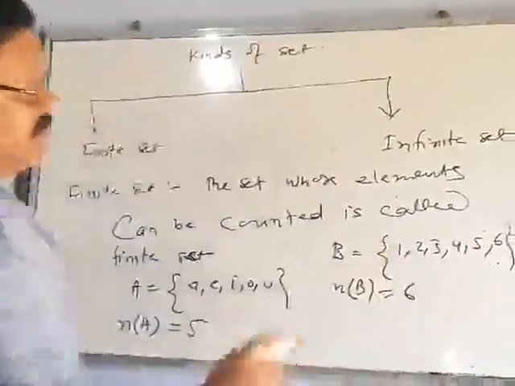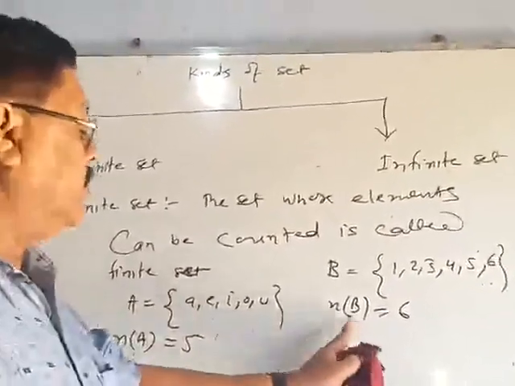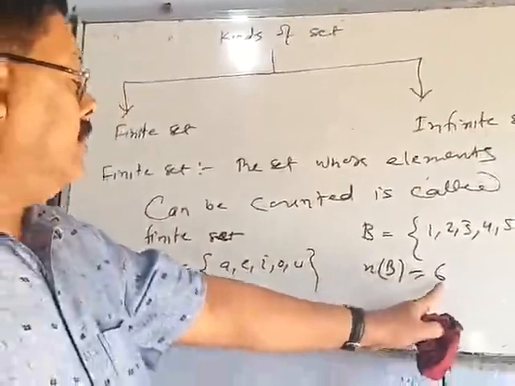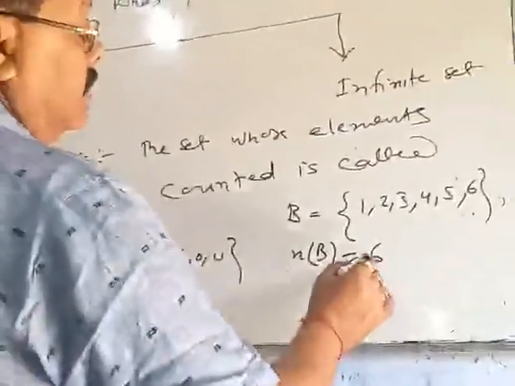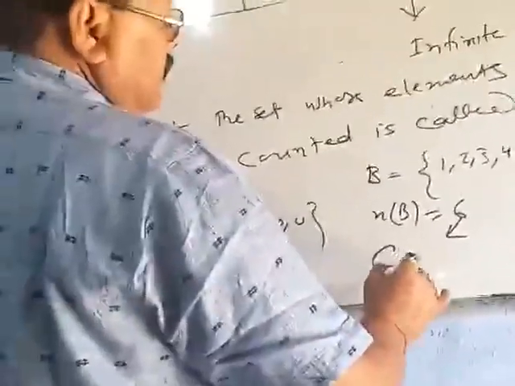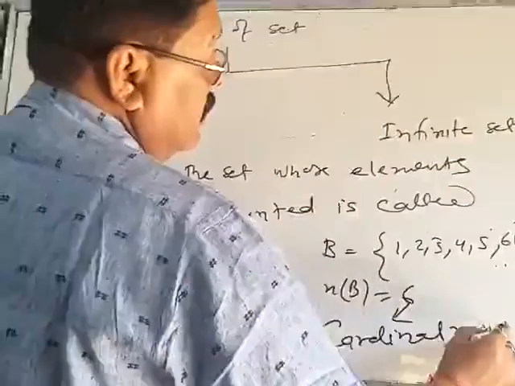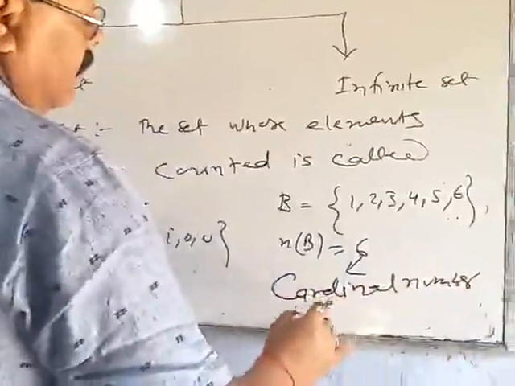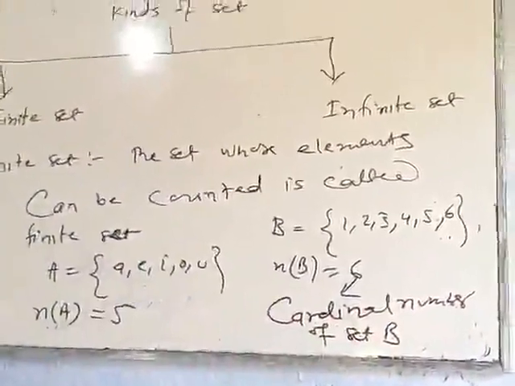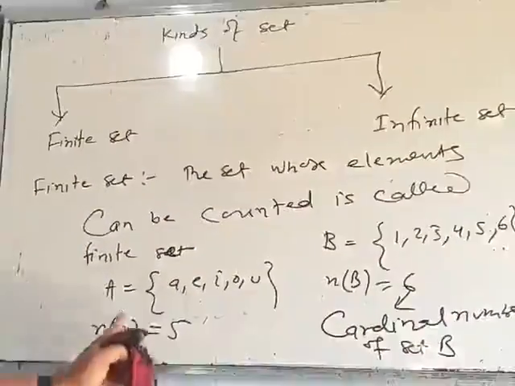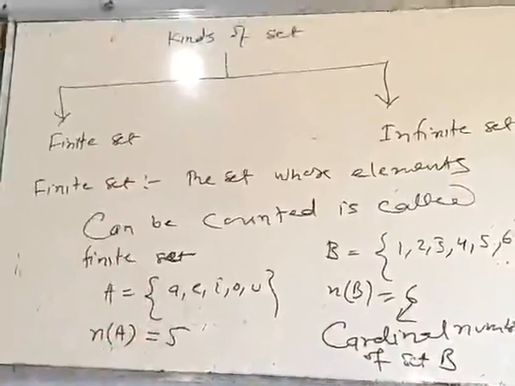So it is also a finite set. n(B) means the number of elements of B, 6. It is also called the cardinal number. The cardinal number of set B is 6 and the cardinal number of set A is 5. These are examples of finite sets.